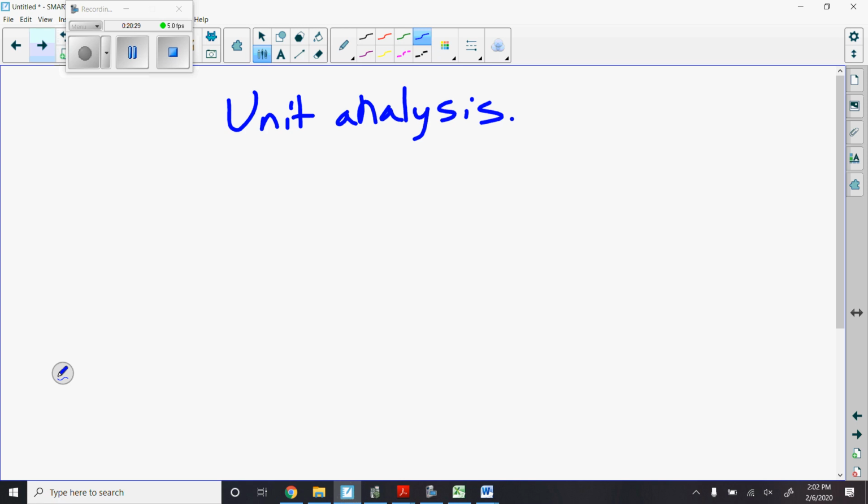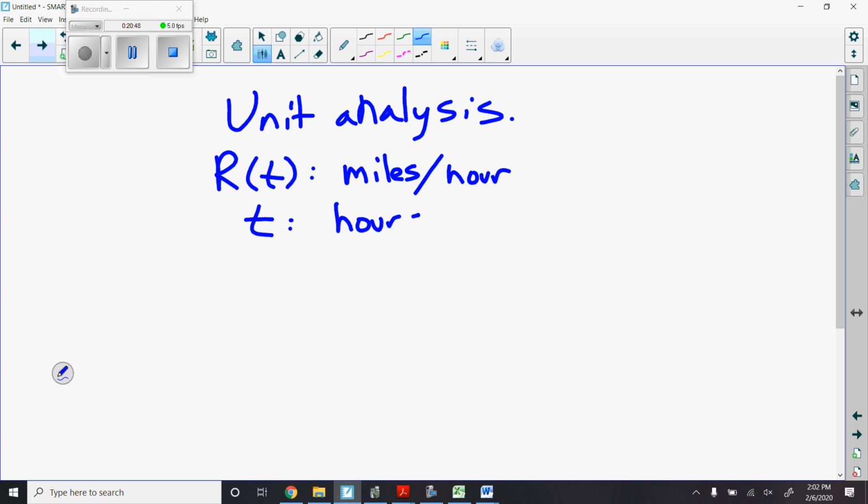So let's say our units for R of t are miles per hour. And let's say our t units are hours.